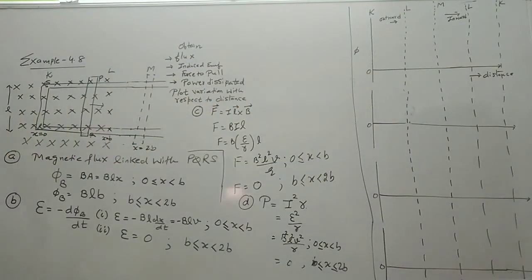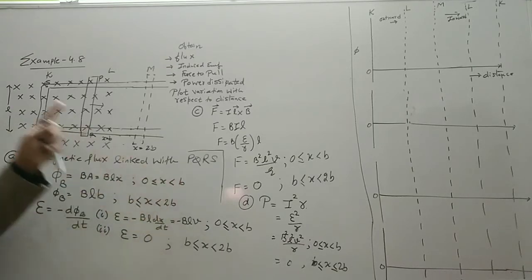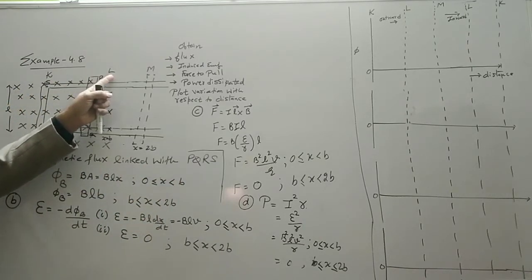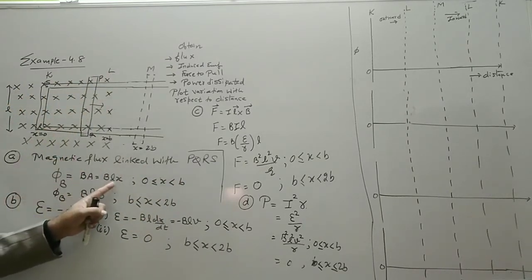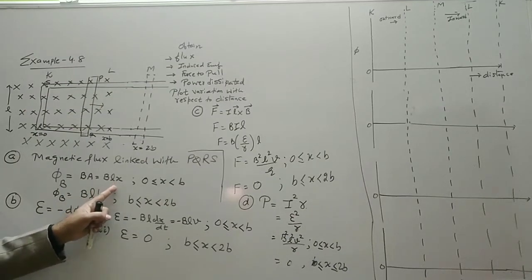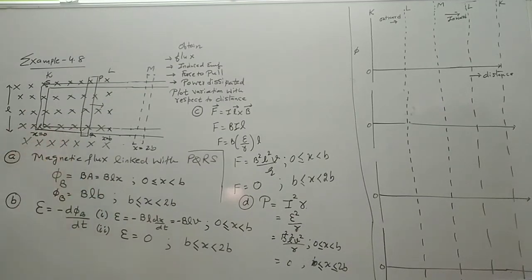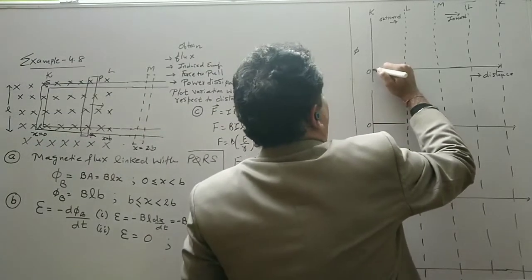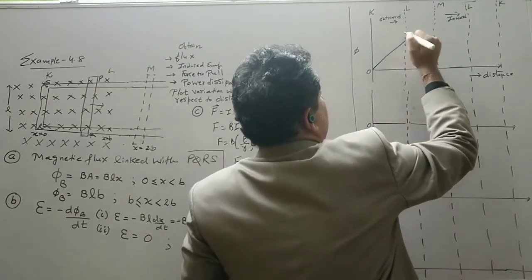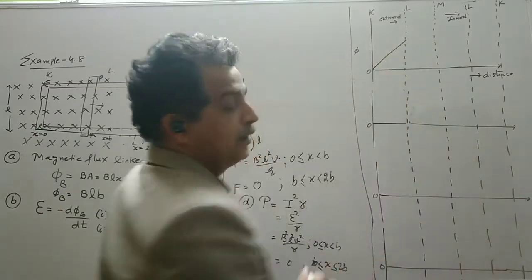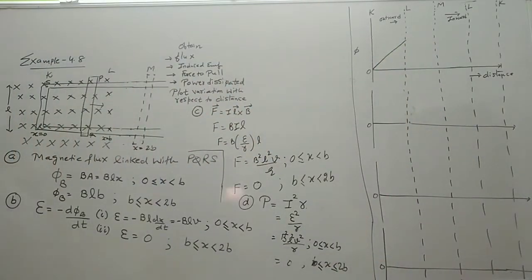Now see the equation. From 0 to B, that is from K to L, the flux is directly proportional to x, which means as the distance increases, the flux also increases in direct proportion. So this is the graph, a straight line, and at point B the flux is maximum.